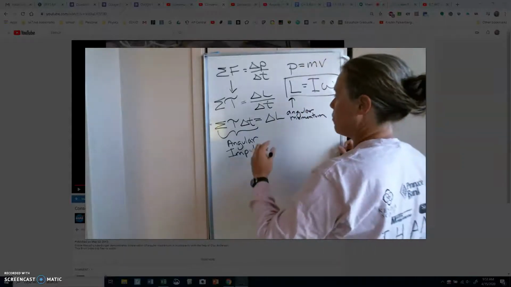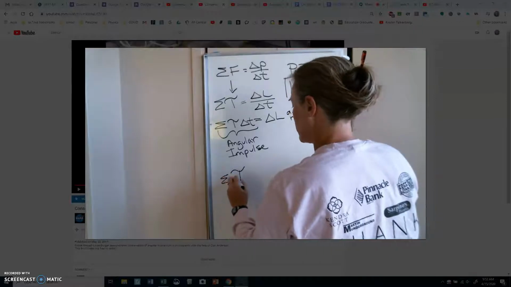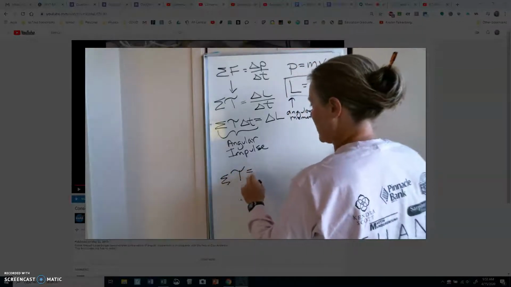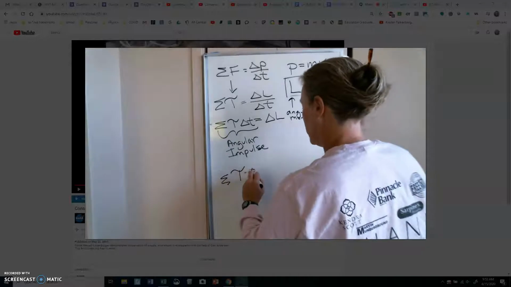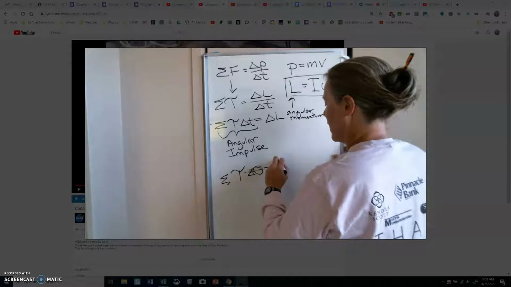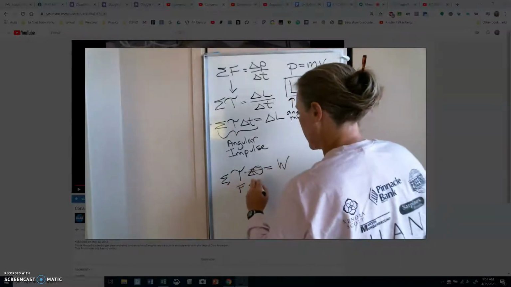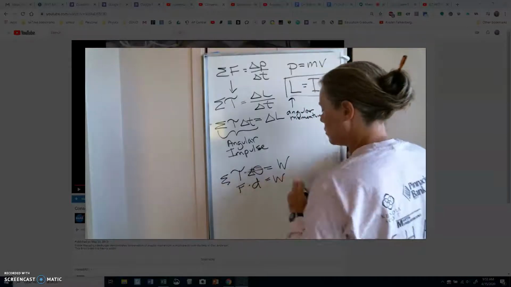Just like if we applied a net torque over an angular distance, delta theta, that would give us our work. Force times distance equals work.